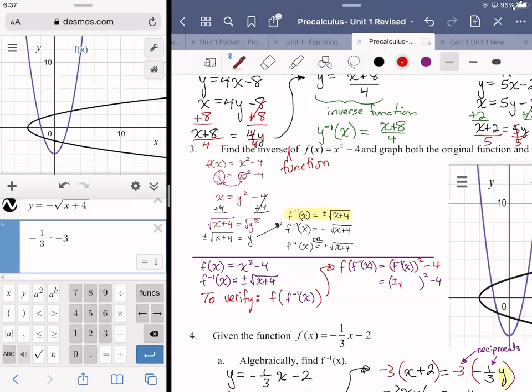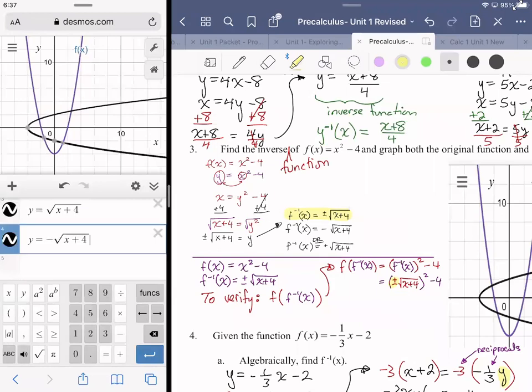When I put the plus or minus the square root of x plus 4 in there, it simplifies nicely, because if you square, and people have gotten confused about this one in the past, so I'm explaining it pretty carefully. If you take a negative number and square it, the result is always going to be positive. Take a positive number and square it, the result is always going to be positive.